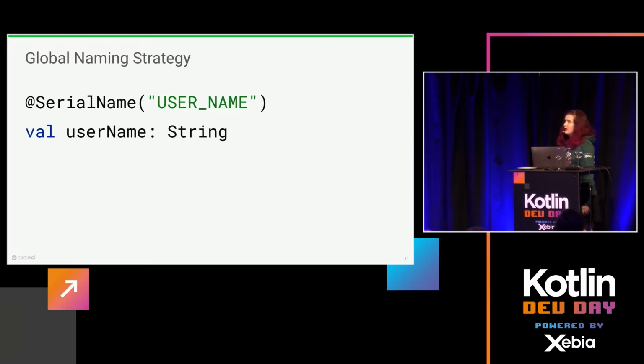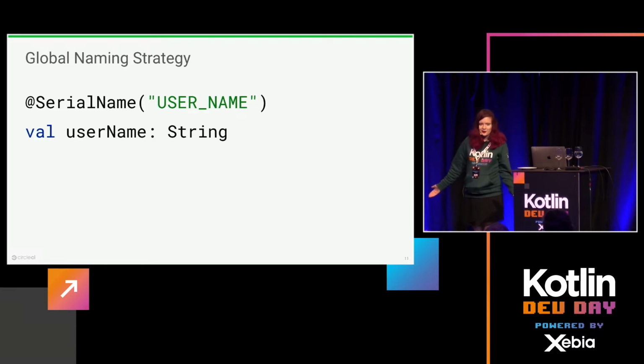Well, you can rename every single field in Kotlinx Serialization. You just write SerialName and the desired name above every property that you want to rename. Well, this works, but I wanted less boilerplate, not more.